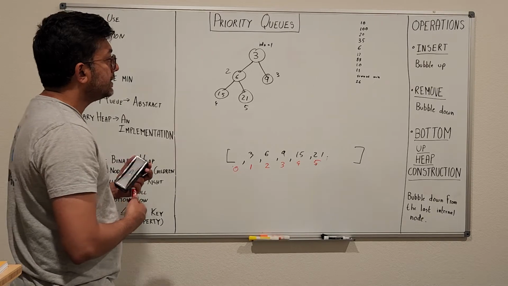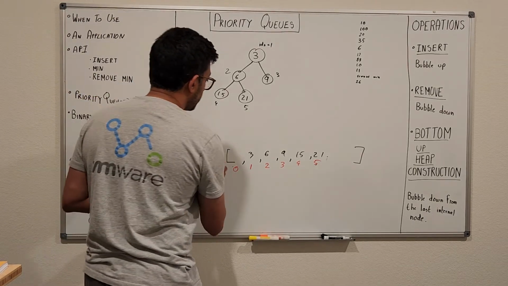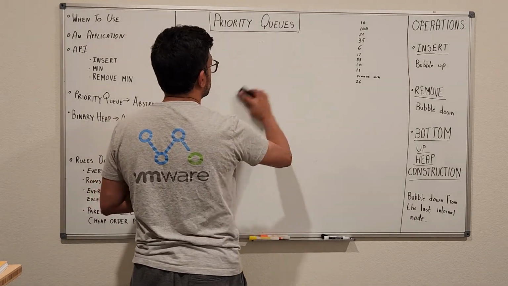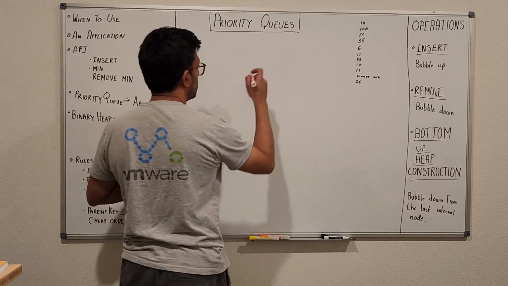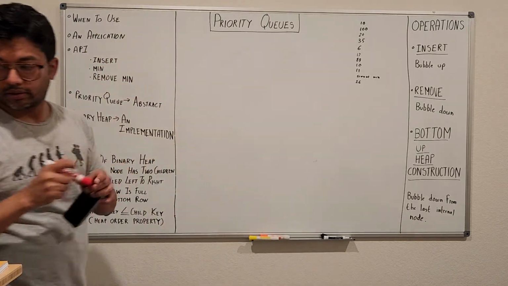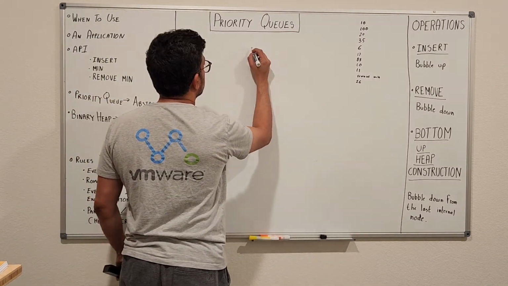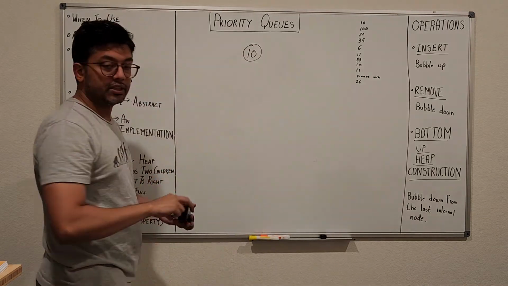Now let's see how to construct a binary heap. Suppose we insert these numbers. First you insert 10, which is straightforward. Again, remember, this is just a representation.